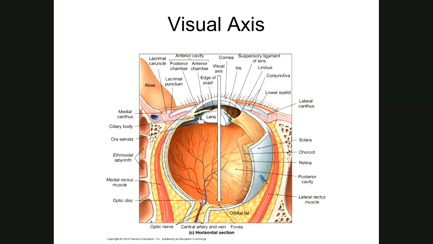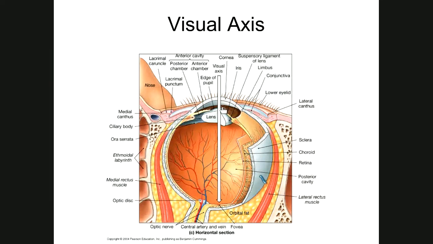The anterior cavity, look at the top of this picture, is divided into an anterior chamber and a posterior chamber. The anterior chamber, look at that line, it goes down, is between the front of the iris and the back of the cornea. So it's that space up in there. There's going to be a fluid in that anterior chamber.